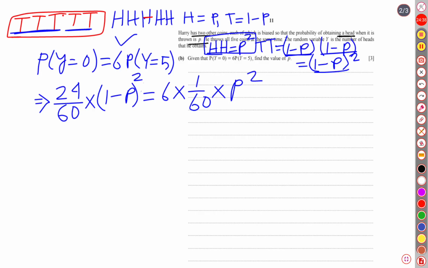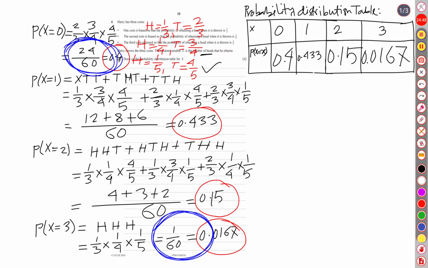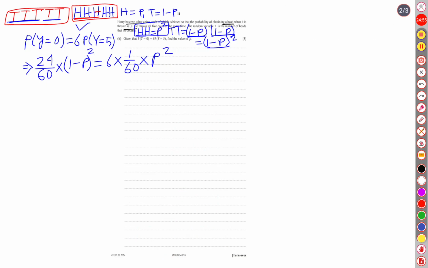Now these all are heads. For the first 3 heads, we have extracted from the previous probability distribution table. If all 3 are heads, look at this, the probability is 1 over 60. So we have written first 1 over 60. This 1 over 60 is for the first three heads.